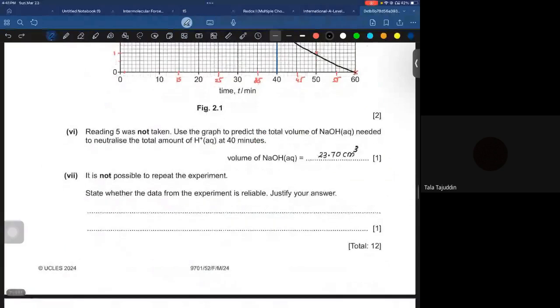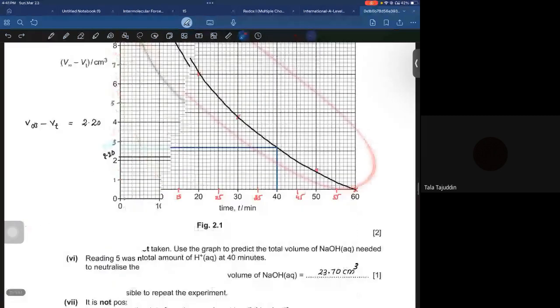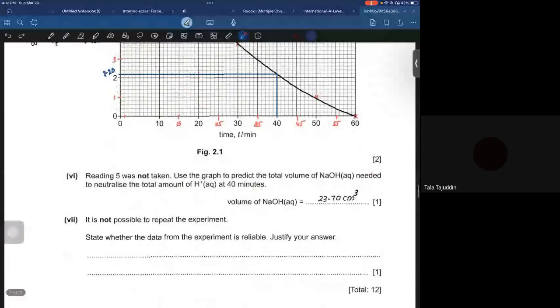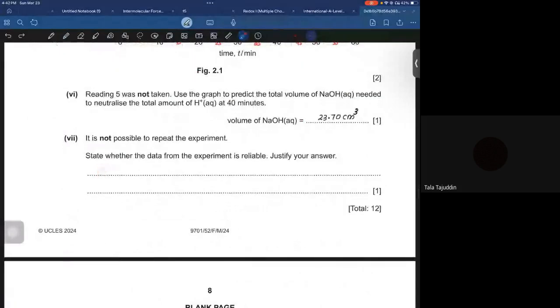It's not possible to repeat the experiment. State whether the data from the experiment is reliable. Justify your answer. Of course, the data is reliable. All the points are lying on the best fit line. Yes, the data is reliable.